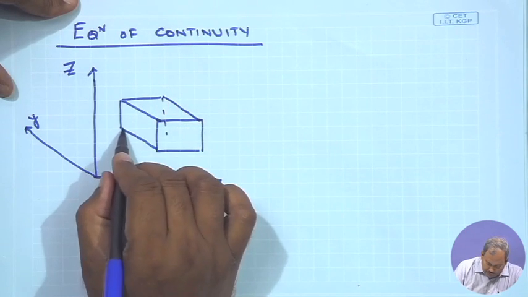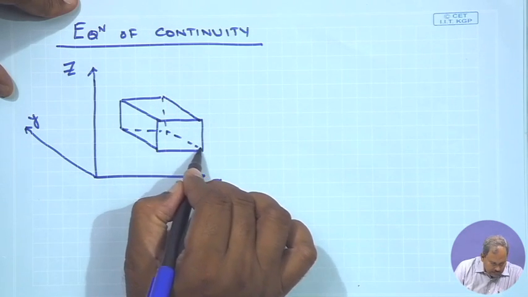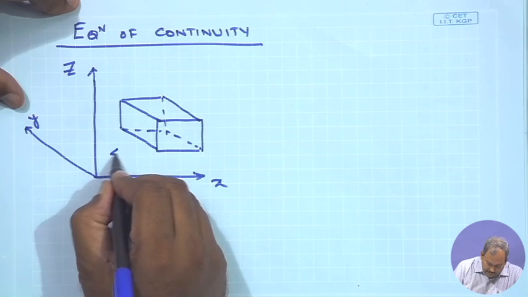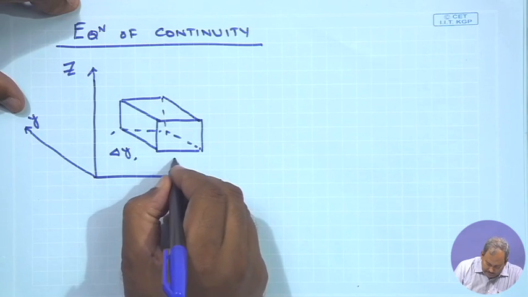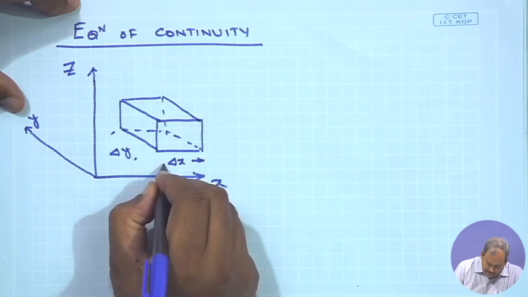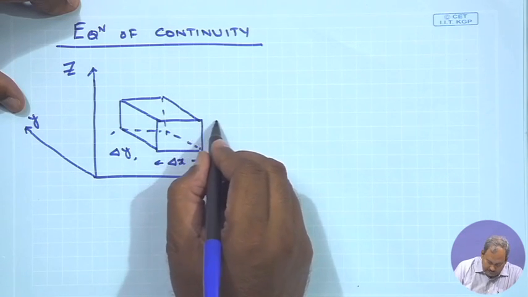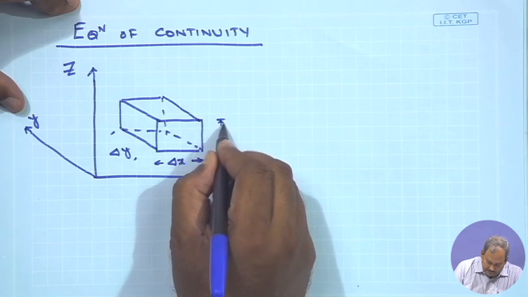This length is, let us say, delta y from here to here, this is delta x and this is delta z.